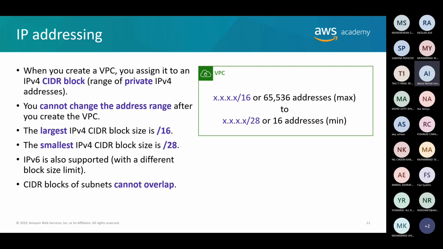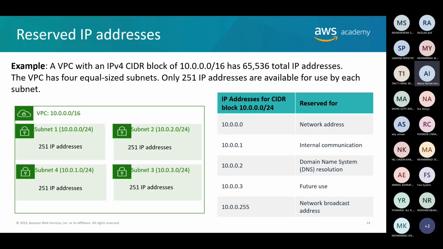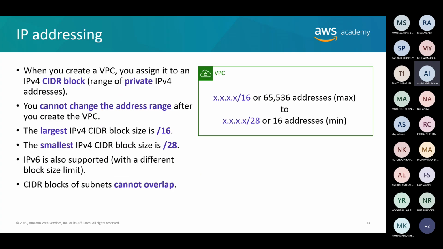The CIDR block of a subnet can be the same as the CIDR block for the VPC. In this case, the VPC and the subnet are the same size, a single subnet in the VPC. But the CIDR blocks of subnets cannot overlap.